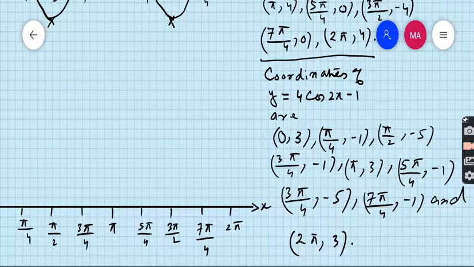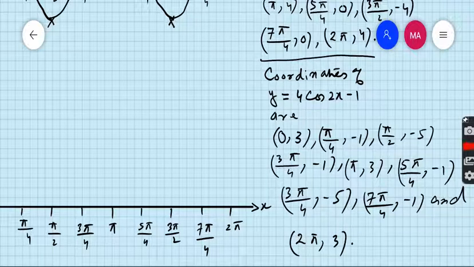This time the angle is the same again, but the main difference is the vertical shift. So if you put 0 in the equation 4 cos 2x minus 1, 2 into 0 is 0 and cos 0 is 1, 1 times 4 is 4, 4 minus 1 is 3.